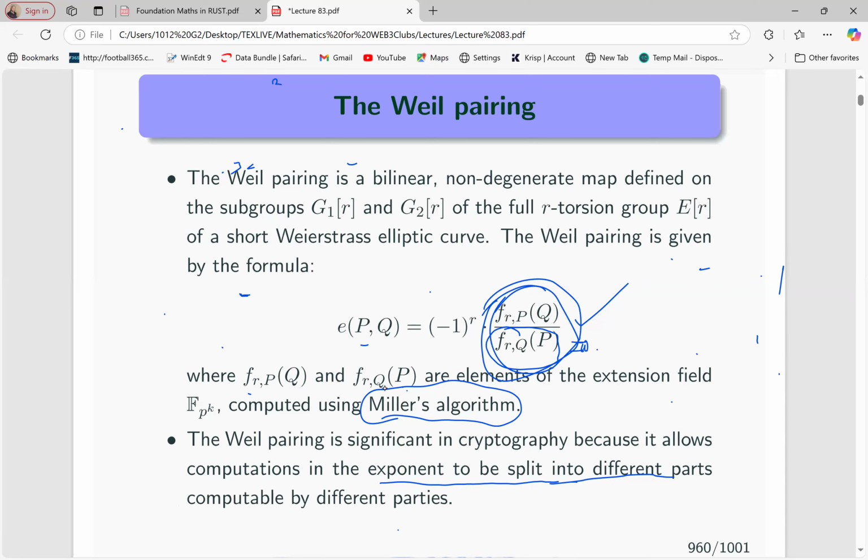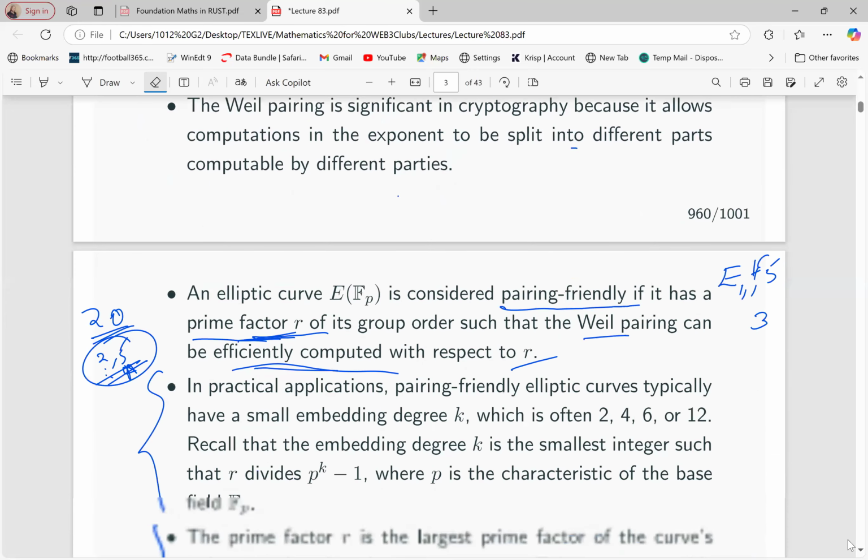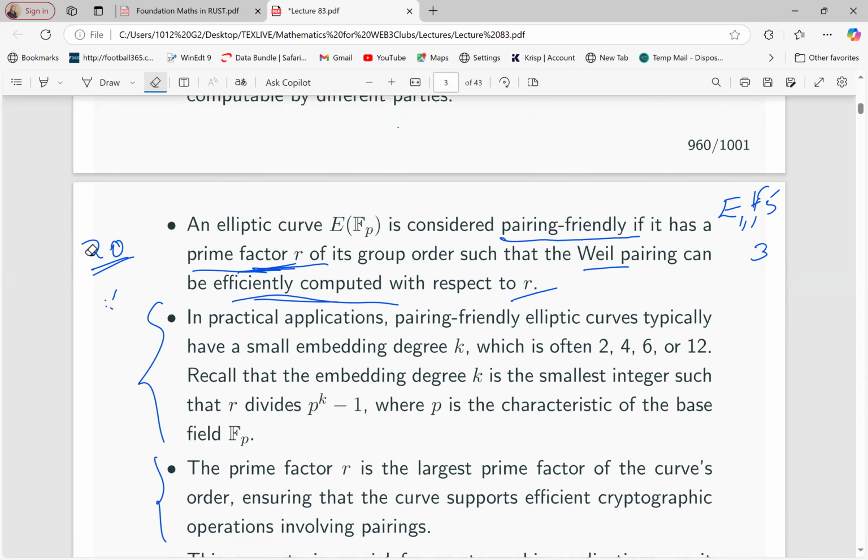So this is an example of an R that is not allowing efficient computation of the Weil pairing. This is just an example of an R that is not allowed for Weil pairing. So we're saying that R must be one that allows efficient computation of the Weil pairing.